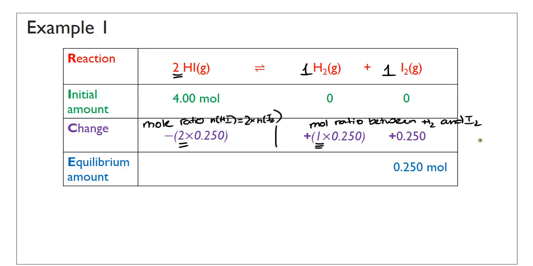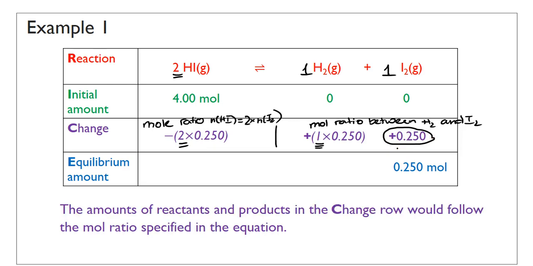The beauty of the change row is that if I have one number in the row, I can use mole ratio and fill in the rest of the table. I think it makes sense because in order to produce 0.25 mole of iodine, you must use up 0.5, or twice the amount, of hydrogen iodide, and you should produce 0.25 mole of the other product as well.